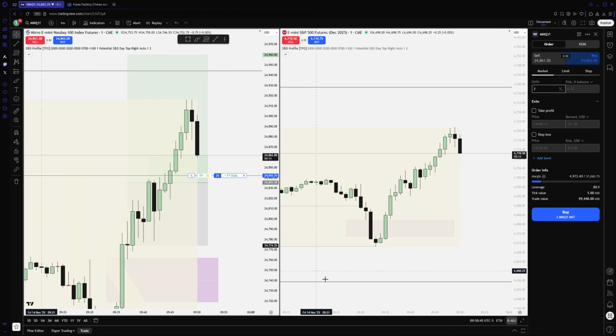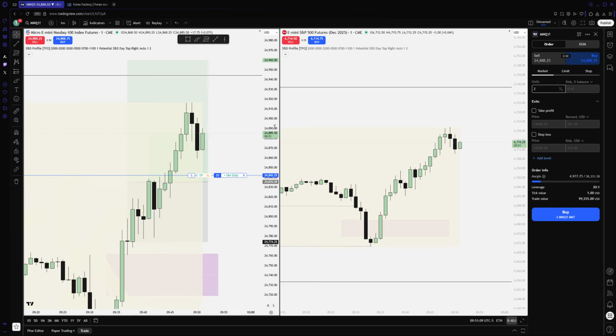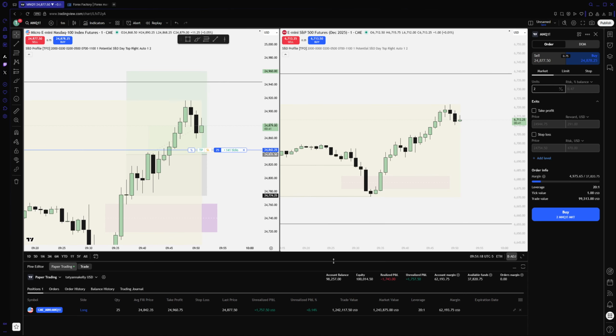Oh boy, why is it coming back so deep? Because of the 950 macro. Honestly, if I took this now, I'd be back at break even. That would be cool. This is so annoying, bro. I would have been in the trade from here, and I don't know what the hell TradingView is trying to pull here.